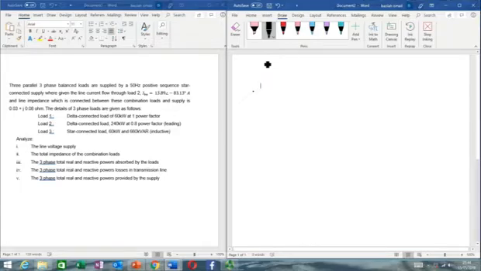Given IBA is 13.89, angle negative 83.13.